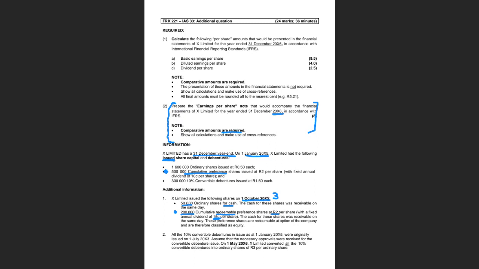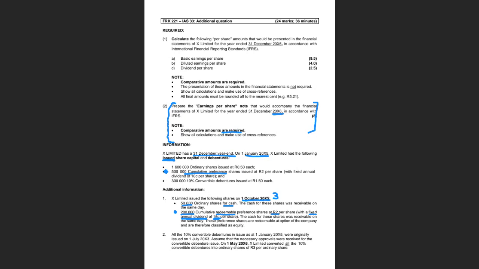The words "fixed annual dividend" mean we can weight it, or apportion it, for part of the year. So that 30,000 is going to be weighted in 2015.